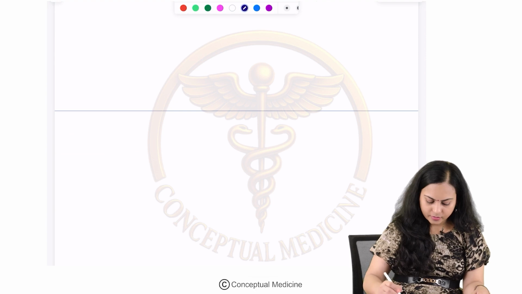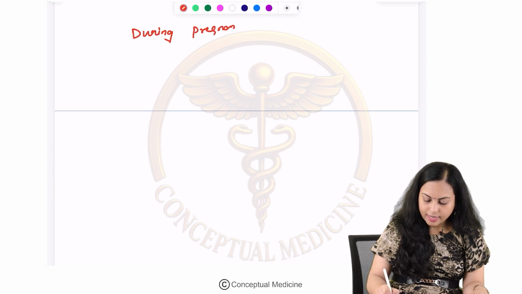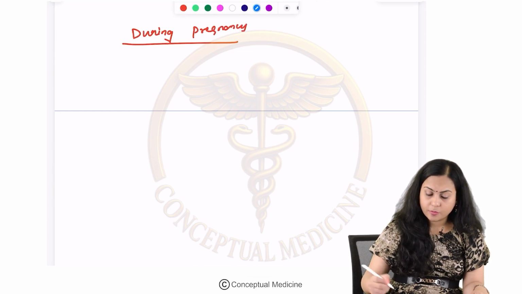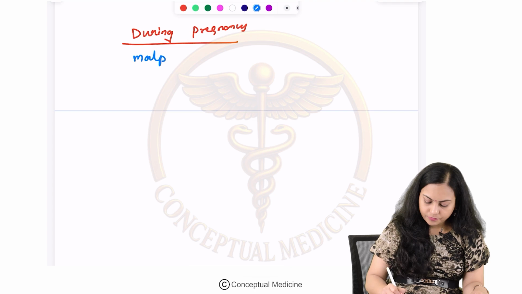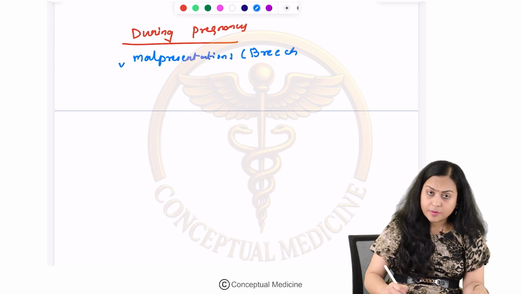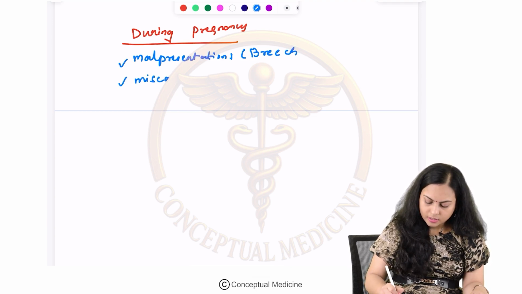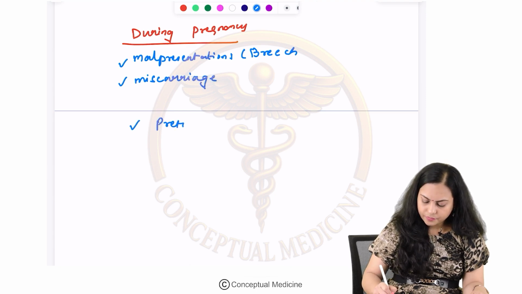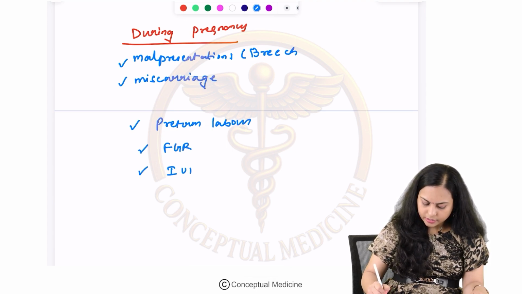Then during pregnancy, she can expect complications like malpresentations, especially breech presentation. There can be miscarriage, preterm labor, fetal growth restriction, intrauterine death.